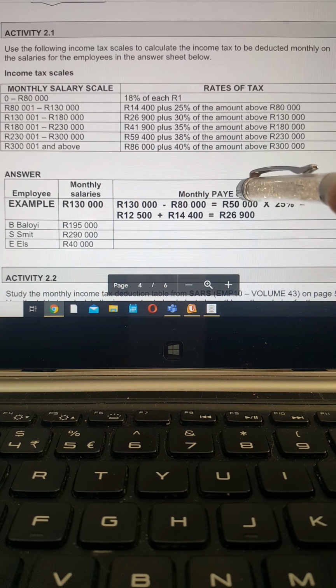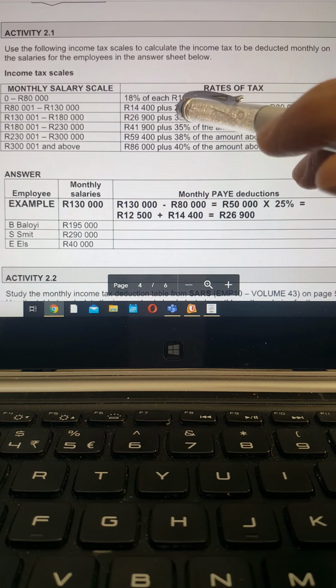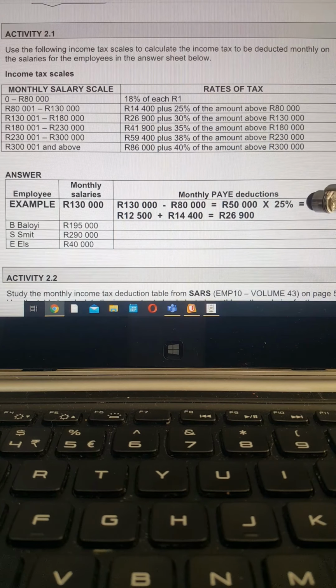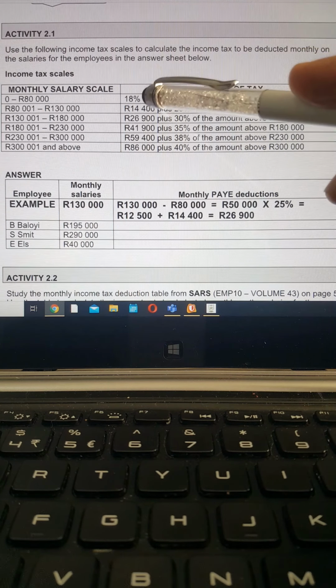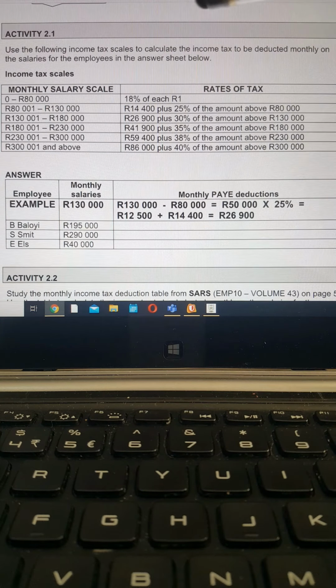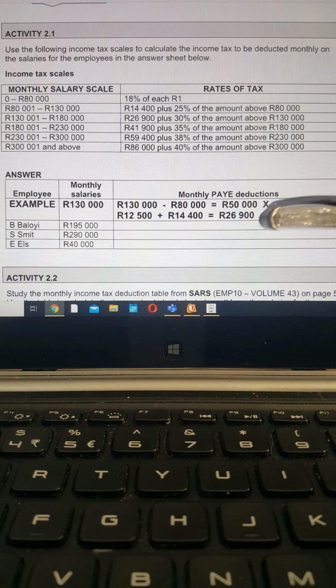You're going to multiply the 50,000 rand by the rate there, 25%. So 50,000 rand times 25% is 12,500 rand, plus that 14,400. So how much is my PAYE deduction going to be? I'm going to pay 26,900 rand for the annum.